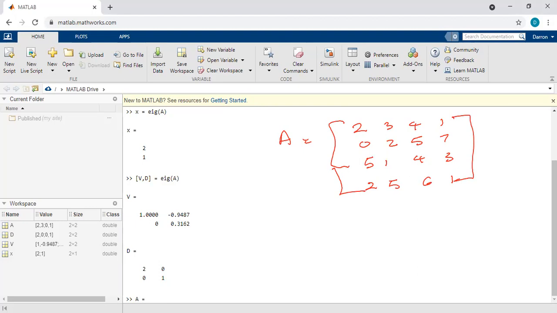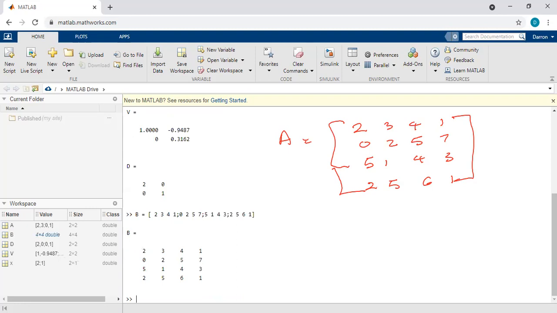All right, this B. So that's B, 2, 3, 4, 1, 0, 2, 5, 7, 5, 1, 4, 3, 2, 5, 6, 1.